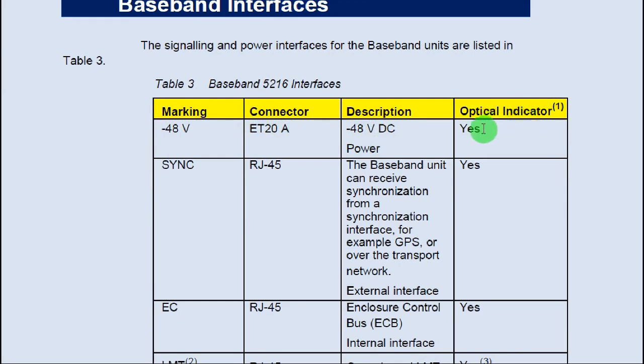There will be a power indicator; if you give power to the baseband, the optical indicator will show. Sync is connected with an RJ45 cable. The baseband can receive synchronization from a synchronization interface, for example GPS, or over the transport network. The sync port is connected with an RJ45 cable. The indicator is also there.